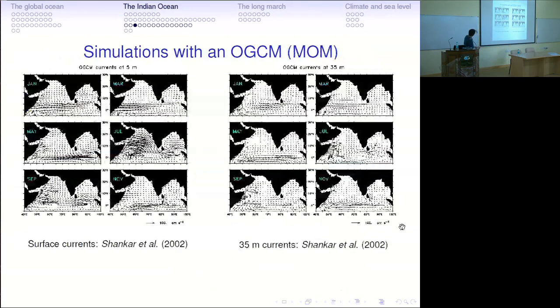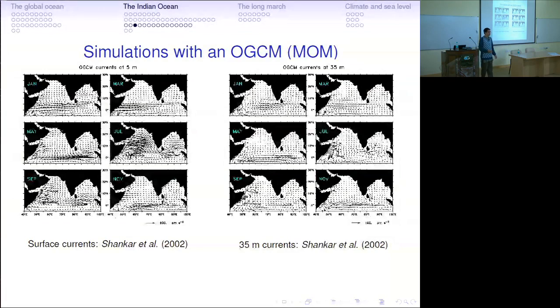You look at a general circulation model, this is the Modular Ocean Model, probably the most popular of the models used in India. If you recall the observation, you look at the circulation, it does pretty well. This is a 35 meter current. The circulation is made by Professor Vinay here. Unfortunately, he is not around this afternoon. You get the coastal current doing exactly what we expected it to.